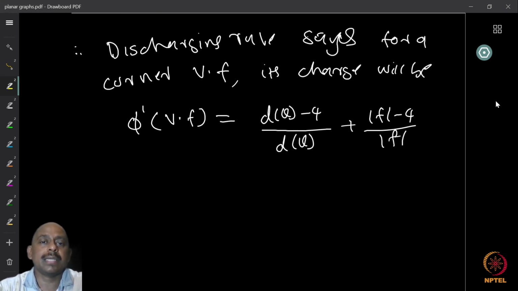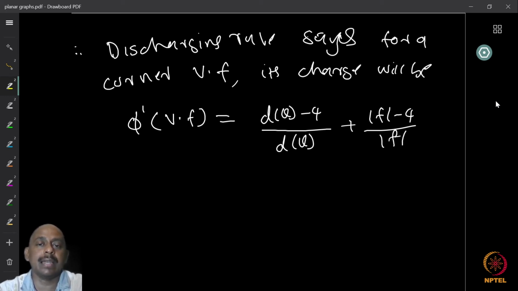So the discharging rule says for a corner v dot f, its new charge, if phi dash is the charge for the corners, then for any corner v dot f, phi dash of v dot f will be, from the vertex v, the corner will get the degree of the vertex minus 4, the initial charge, divided by degree of v, because the vertex v distributes its charge equally to all its faces.